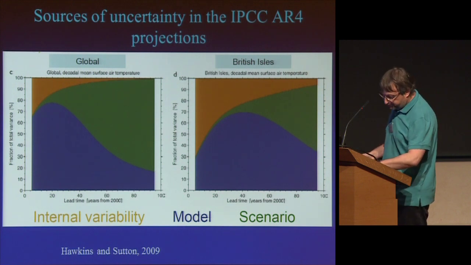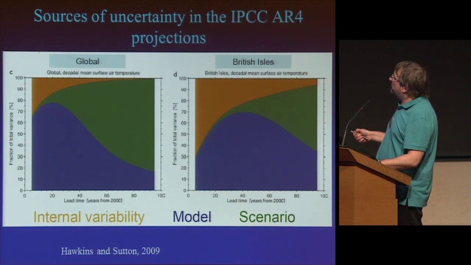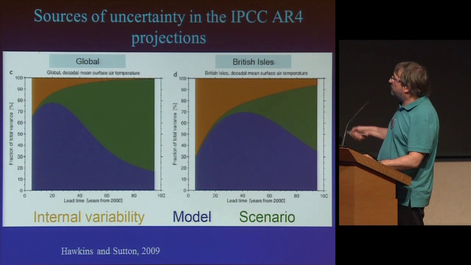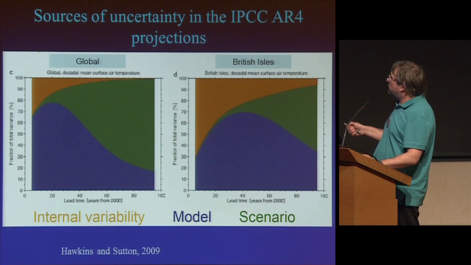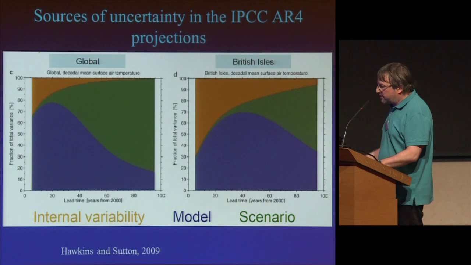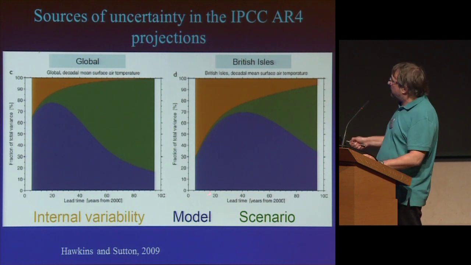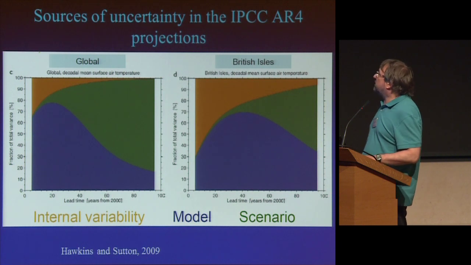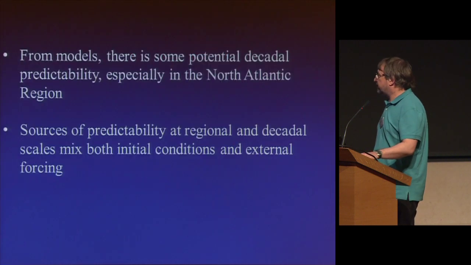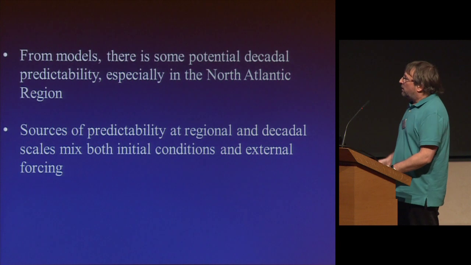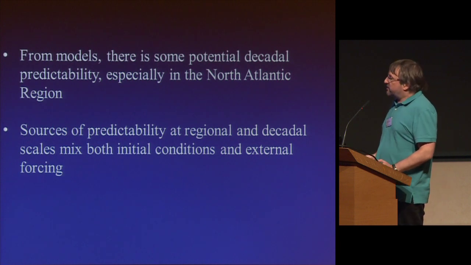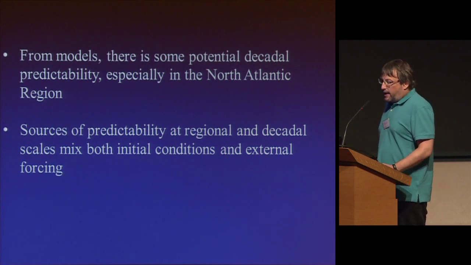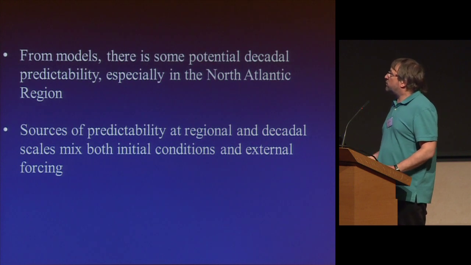If you look more regionally, for example, this paper was done by British people, so they are looking at the British region. It is even more important. You have a large fraction of the uncertainty which is due to the initial conditions. So from models, there is some predictability, and the place where there is the most predictability seems to be the North Atlantic.